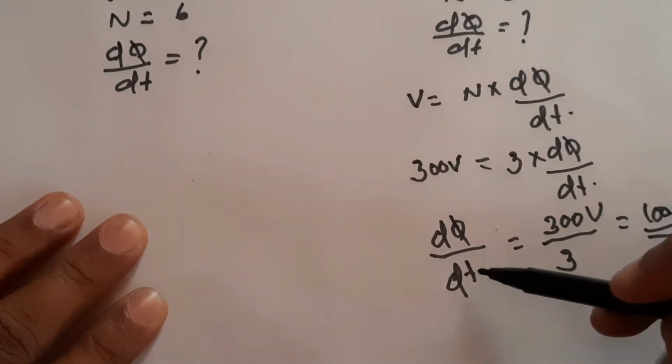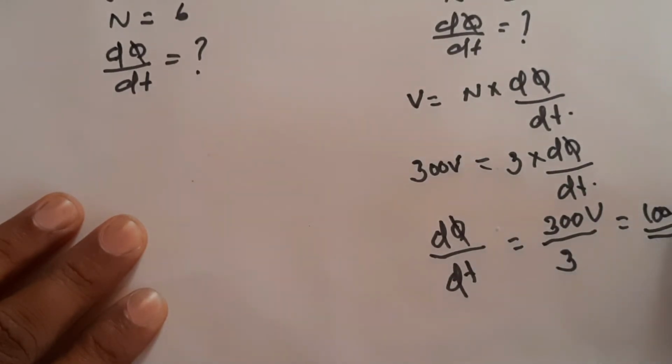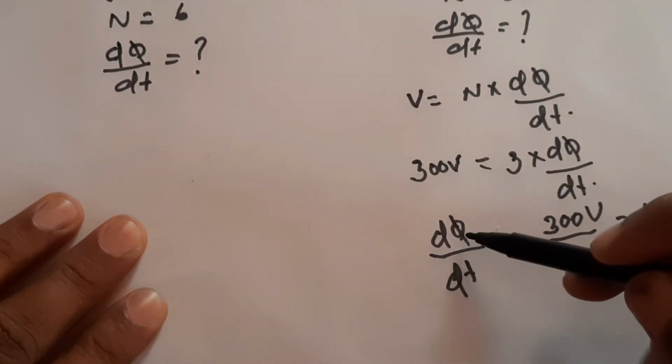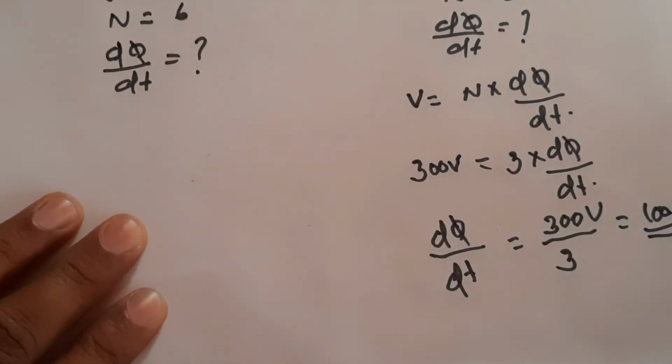For that, to get a voltage of 100 volts per turn, the change in flux should be more.